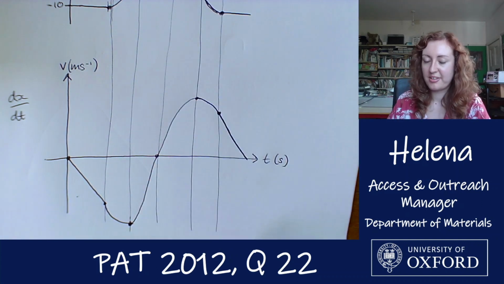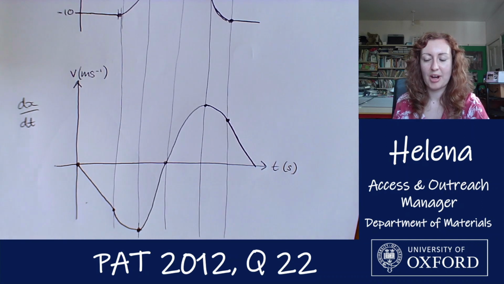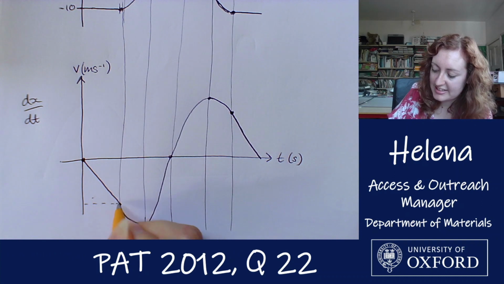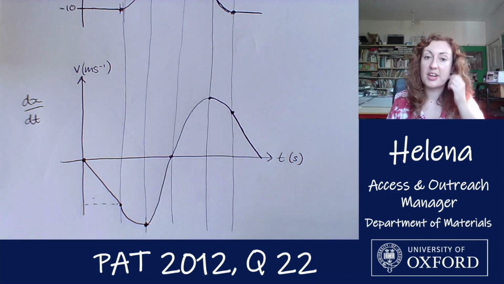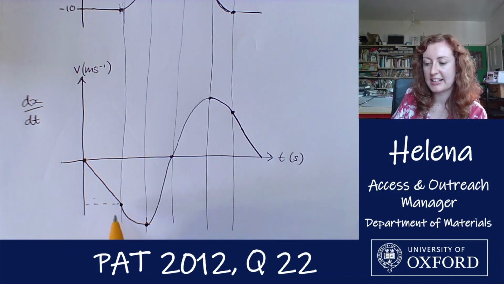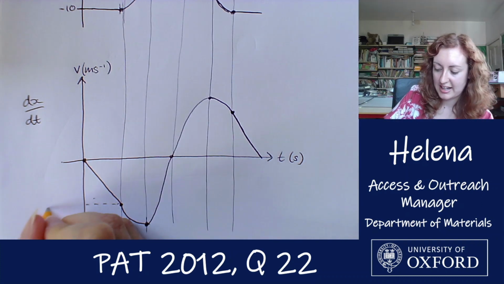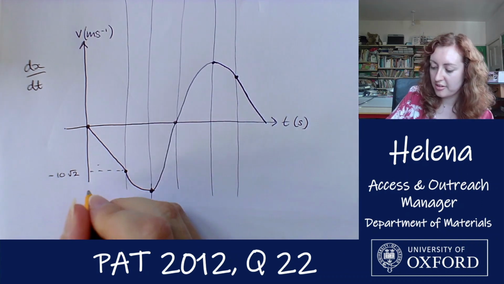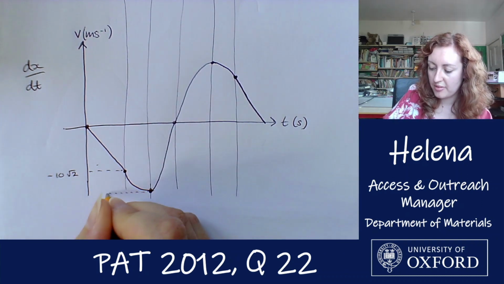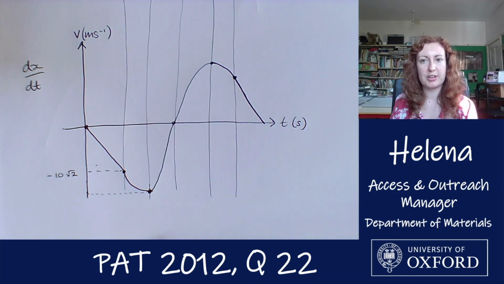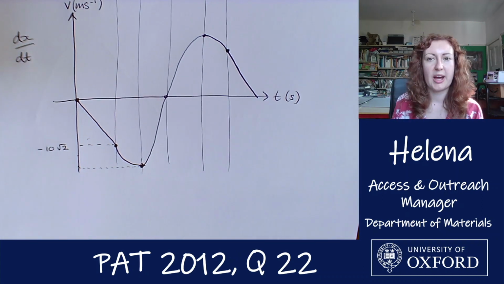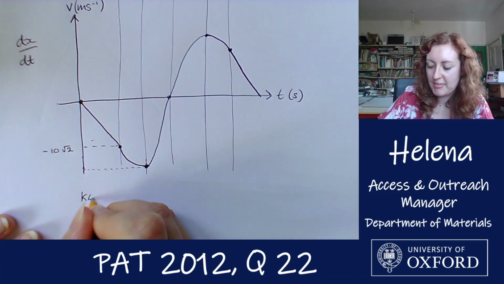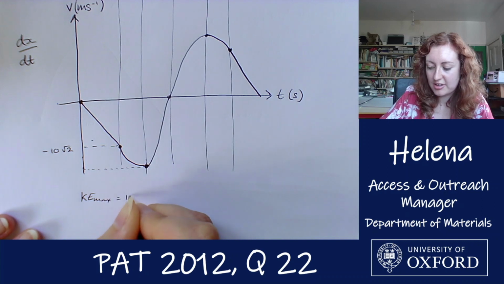So here we have our velocity time graph, and we can put a few little values on here as well. We calculated this value here in the first part of the question. This is the velocity at x equals 0, which we calculated as minus 10 root 2. And we can also, if we wanted to, work out what the maximum and minimum velocities will be based on our calculation for the maximum kinetic energy, which we found in the other part. So we know that the maximum kinetic energy is 150 joules.